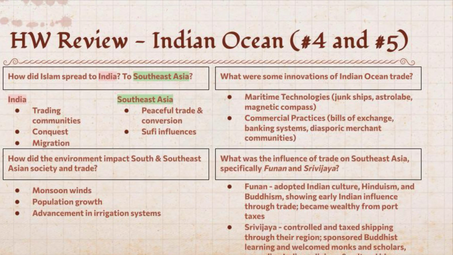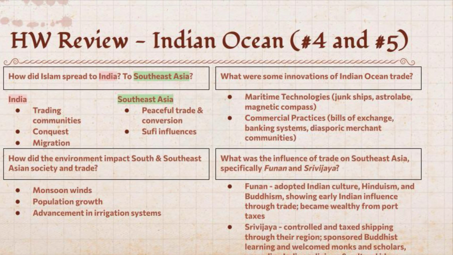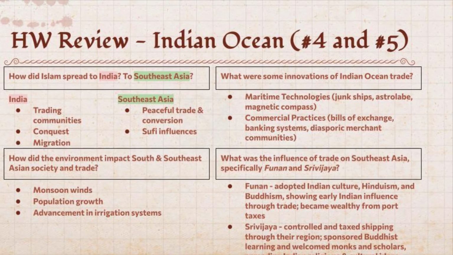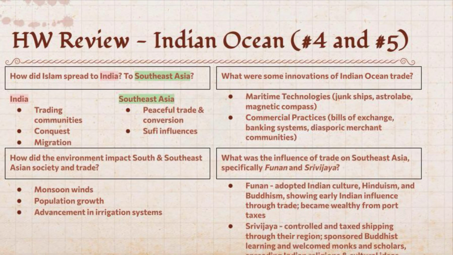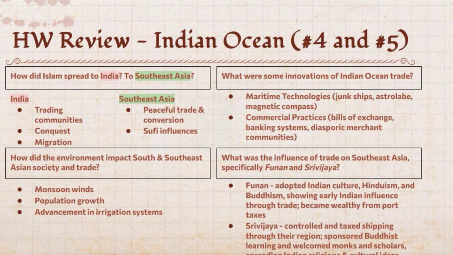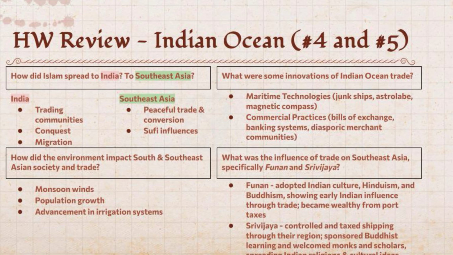But if you recall, they had a really hard time making sure all of India was converted to Islam, because we talked about how Hinduism was so ingrained in India's society, especially in northern India, because of the caste system, that it made it really difficult to convert many Indians to Islam. However, Islam will soon spread to other parts of India and into Southeast Asia as well.